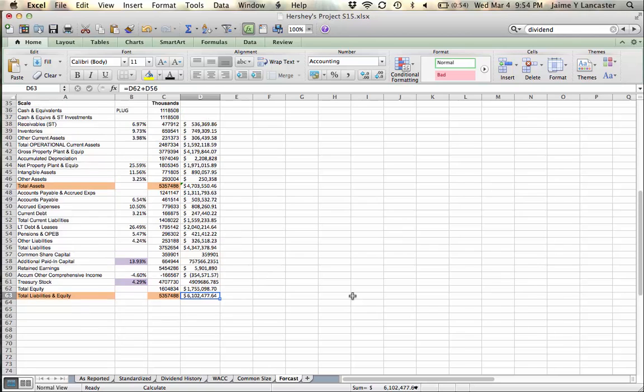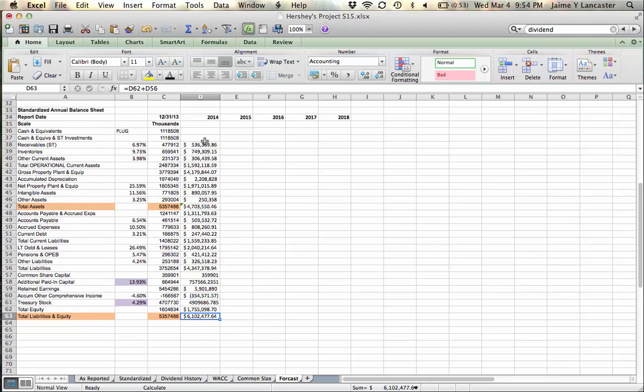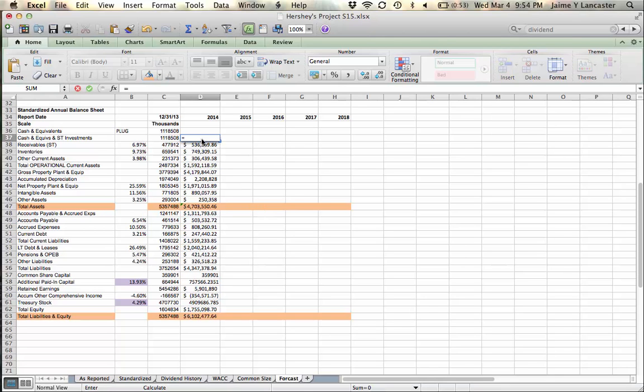The only thing that we have left to do is figure out what value of cash goes here such that assets equal liabilities and equity, right? This balance sheet has to balance. Well, the way we can do that is with the plug method.